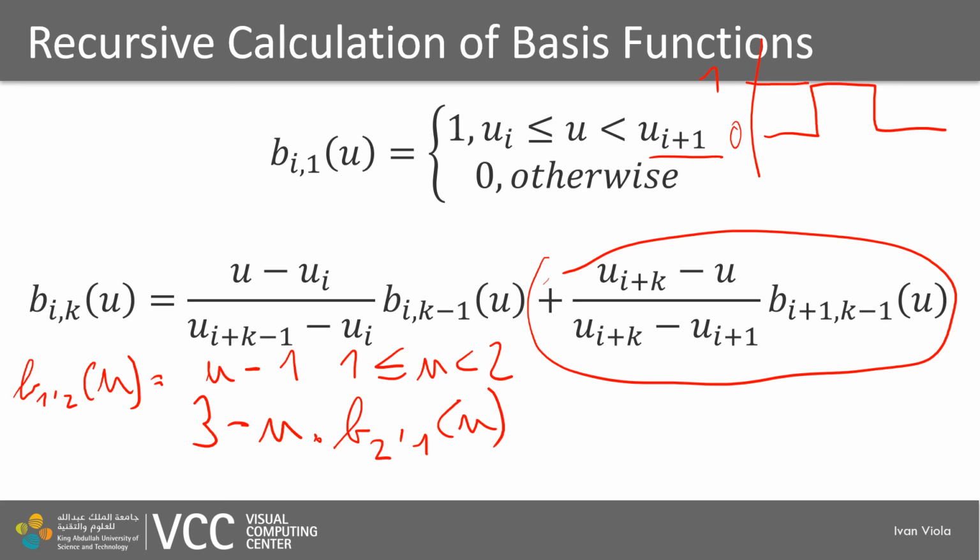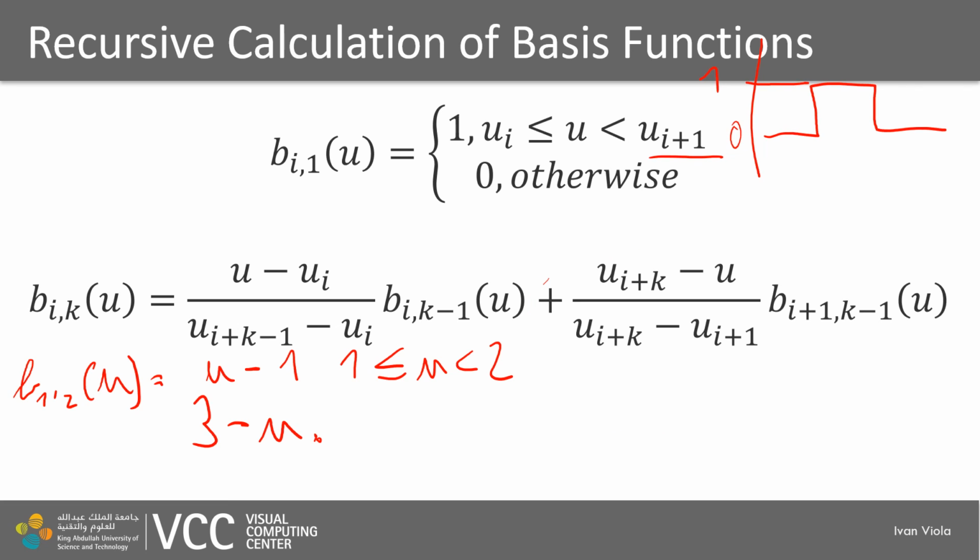B2 1 is again equal to 1 on a range, B2 between 2 and 3. And this will be 1, so I can delete it so that it's not that disturbing. And now, I will just move this closer.